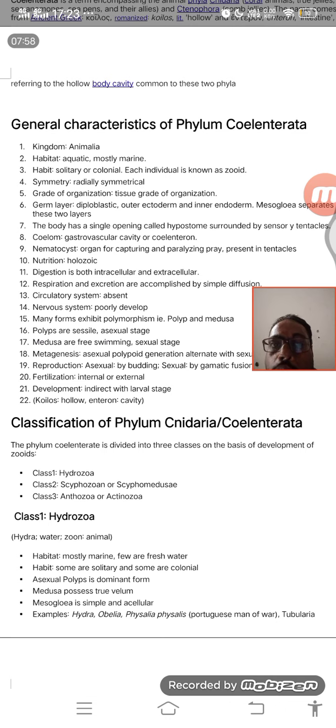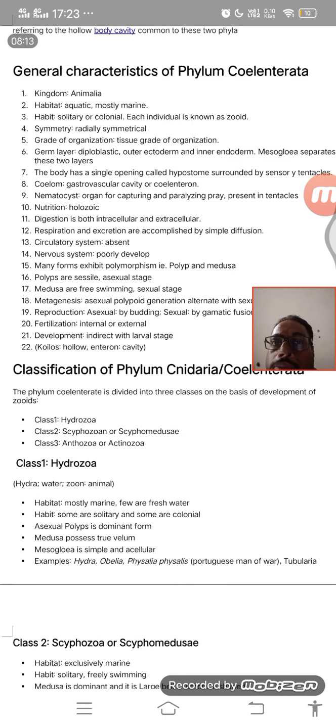Nutrition is holozoic, that means they engulf the organism completely. Digestion is both intracellular and extracellular, that means they will kill the prey and half digest it and take it in, or otherwise fully digest it properly. Diffusion, that means respiration and excretion the same, not much developed but simple diffusion. Circulatory system is absent. Nervous system is poorly developed.